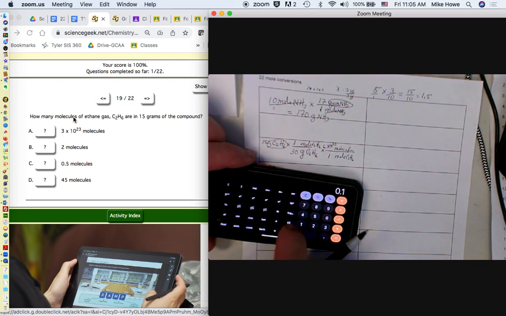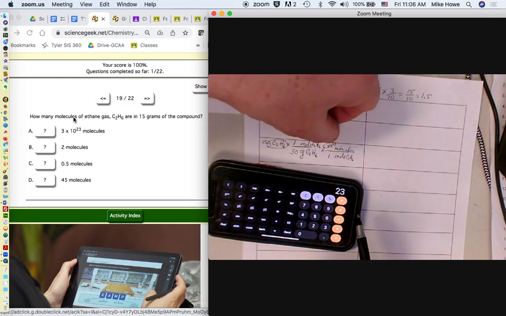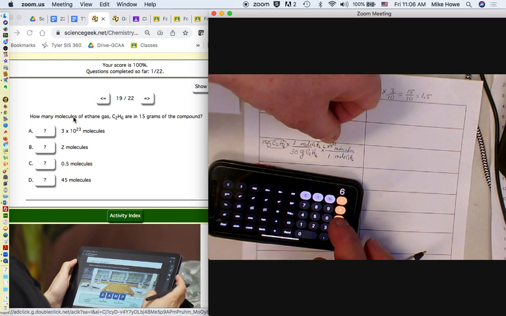15, so that'd be 15 times 6, then the EE key 23. So again, I mentioned in class, but if you weren't in class, instead of punching in times 10, you type in 6. Let's do that all again. So 6, and then EE 23.